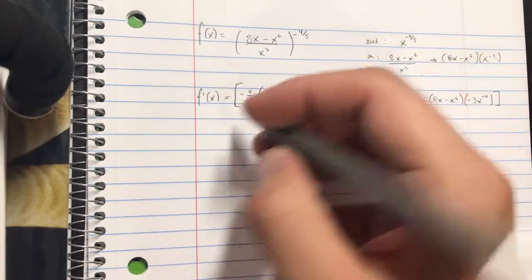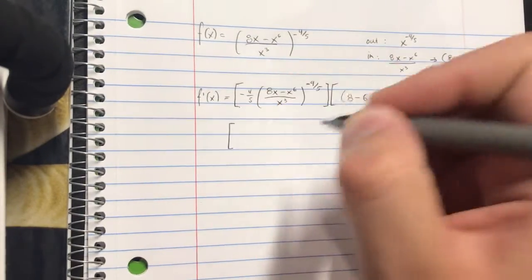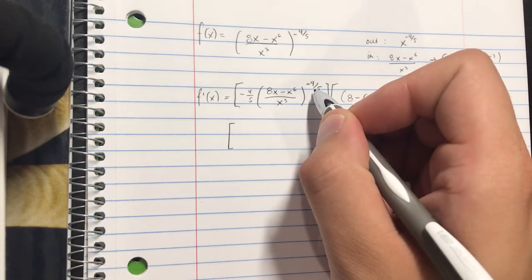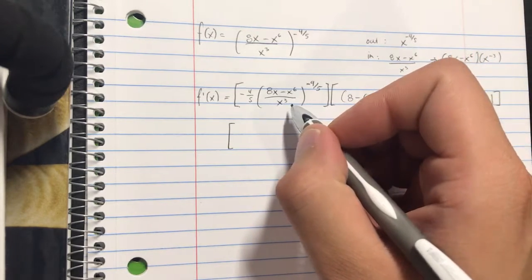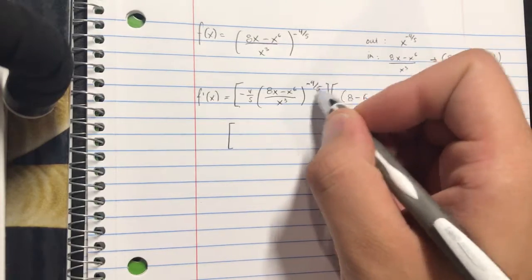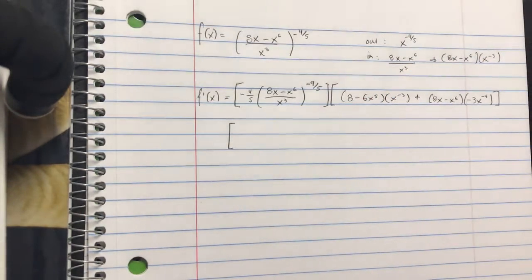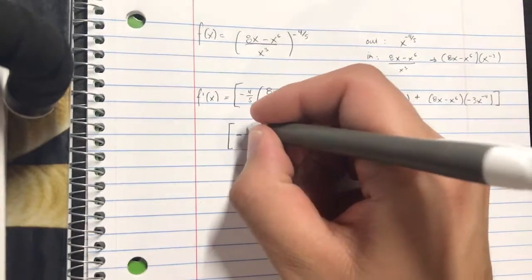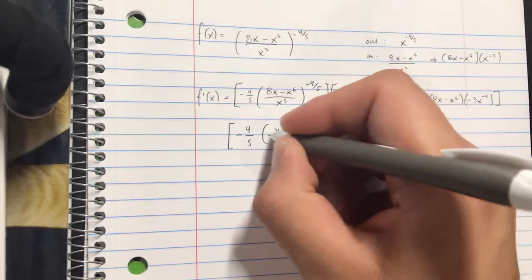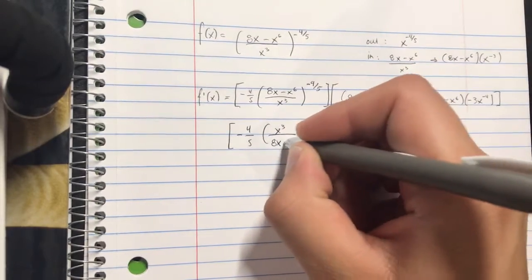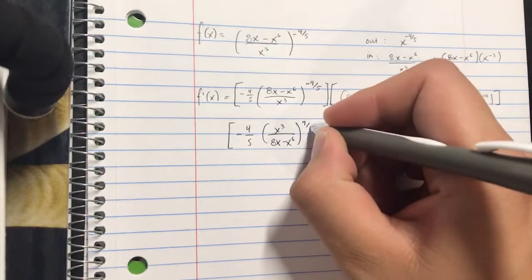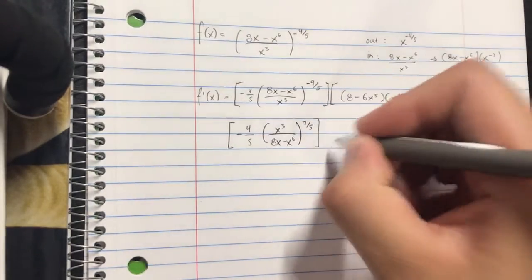So we'll start with the left side. We have negative 4/5 times this to a negative power. Or in other words, we can flip the numerator and denominator and make this a positive exponent. In other words, we have negative 4/5 times x cubed over 8x minus x to the 6th power up to the positive 9/5 power.